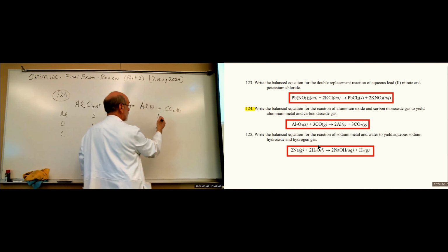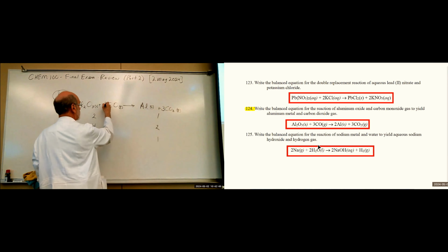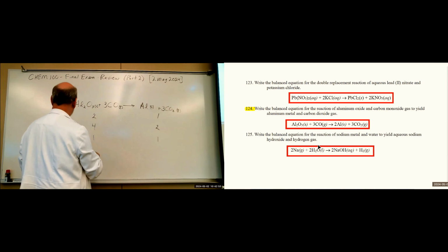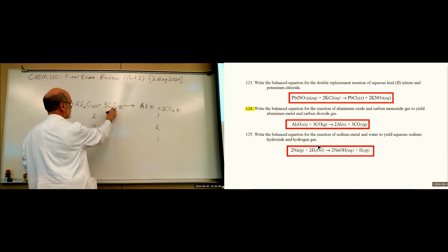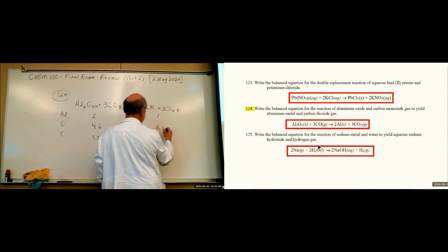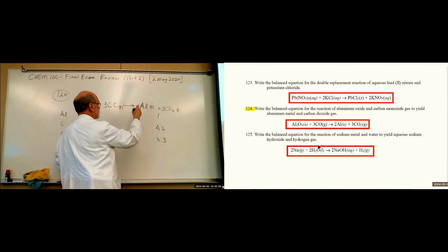How'd you get 6 over here? Well, we multiplied by 3. 3 times that is 6, and 3 times that plus those 3 is 6. So that means 3 carbons, 6 oxygens. Now we have 6 on this side, and we have 3 carbons here. And then we need a 2 here for the aluminum.